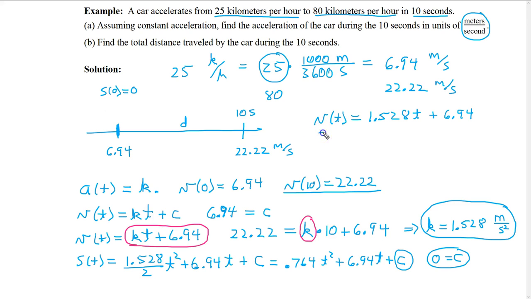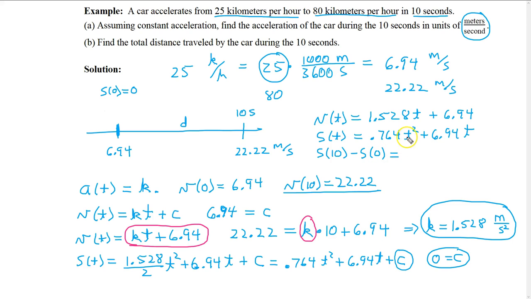So we have then that our position function is this, and then the distance traveled from this point to this point is going to be the difference between the position function at time 10 and at time 0.